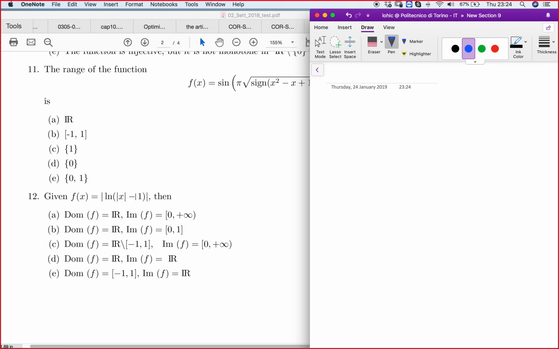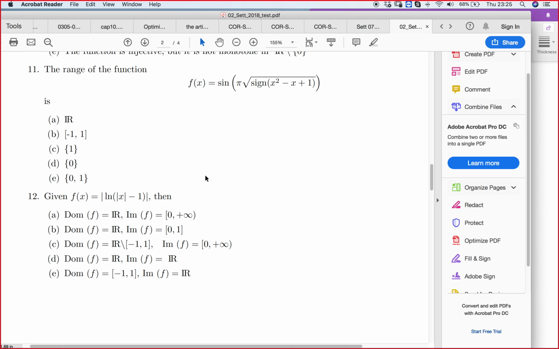Okay, so we have f of x equal to the absolute value of the logarithm of absolute value of x minus 1.